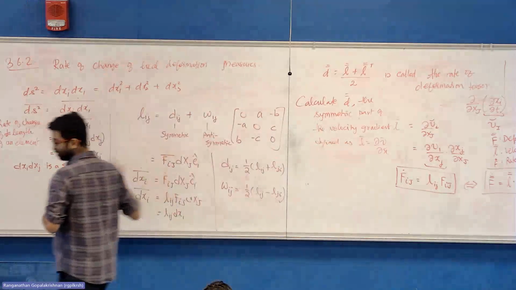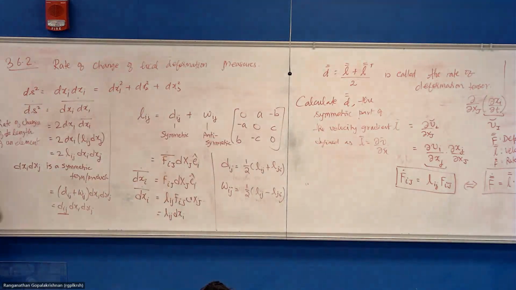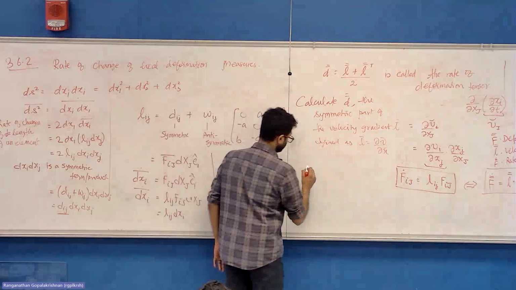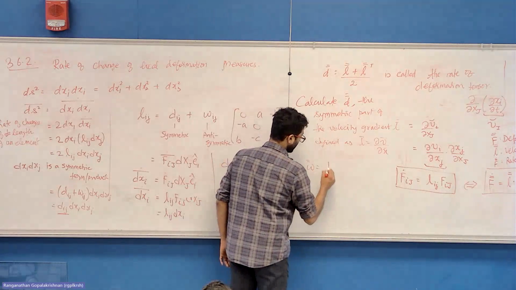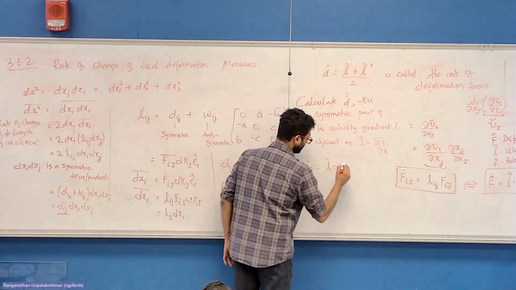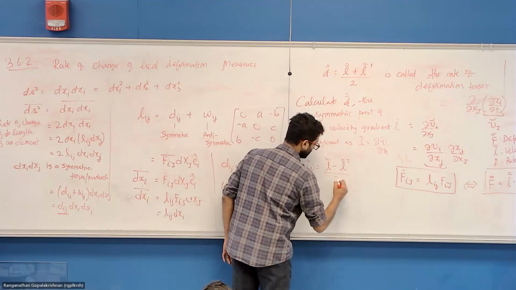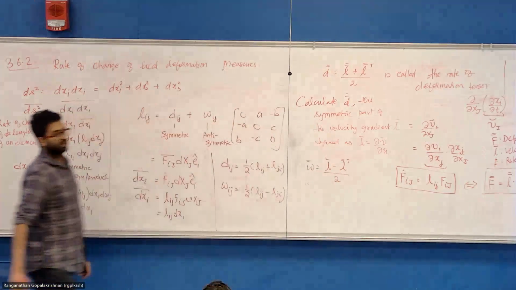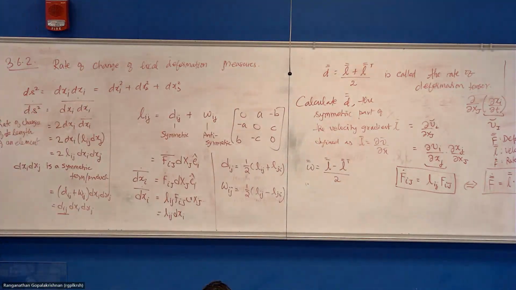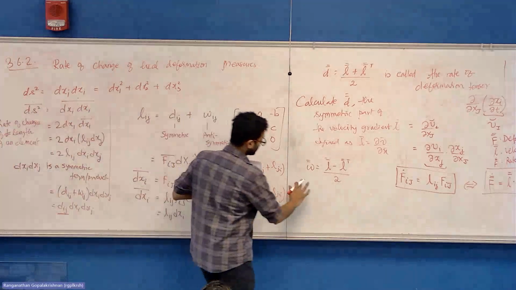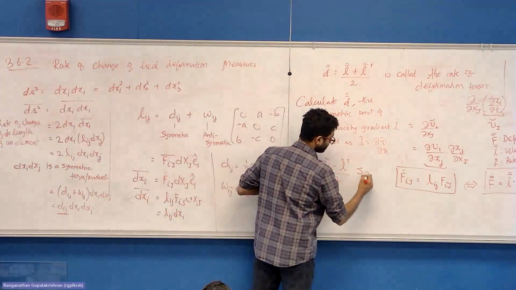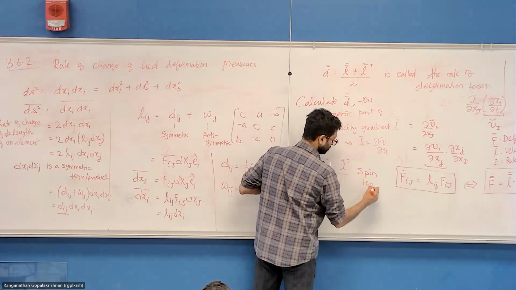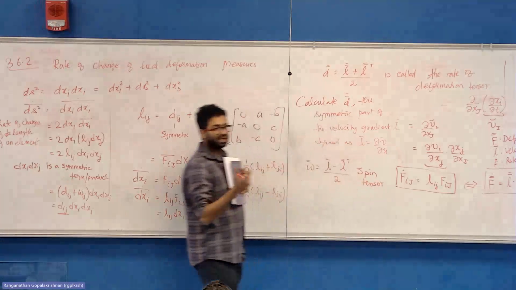So this antisymmetric part W, which you can write as W is L minus L transpose divided by 2, in fluid mechanics, this tensor is called the spin tensor, as in something is spinning.